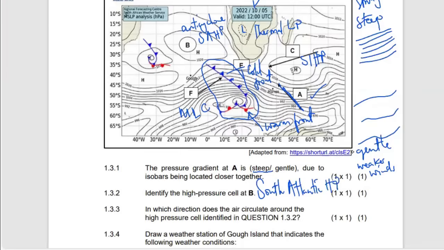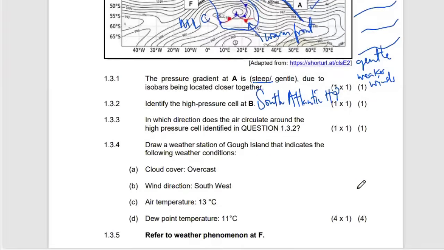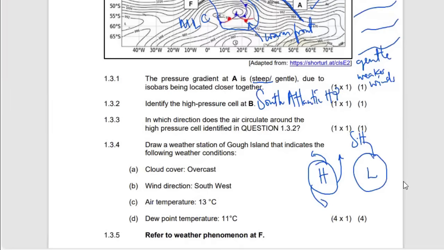high pressure cell. Right. Then in which direction does the air circulate around the high pressure cell identified? What you must note is that we are making special reference to the southern hemisphere. When you have a high pressure cell, the air circulates out of the high pressure cell in an anti-clockwise direction. And when you have a low pressure cell in the southern hemisphere, the air feeds into the low in a clockwise direction, like this.